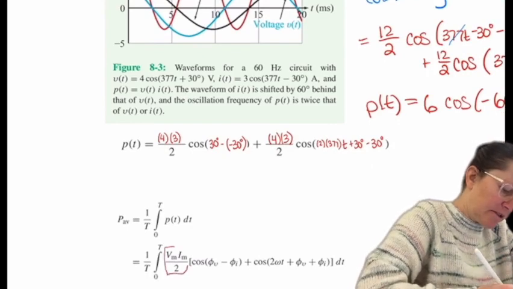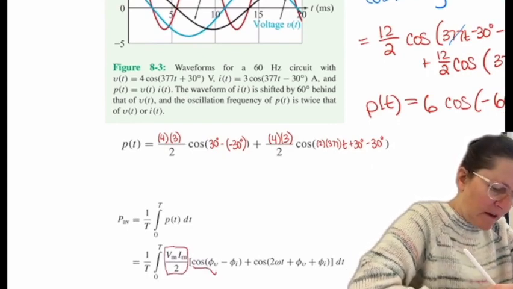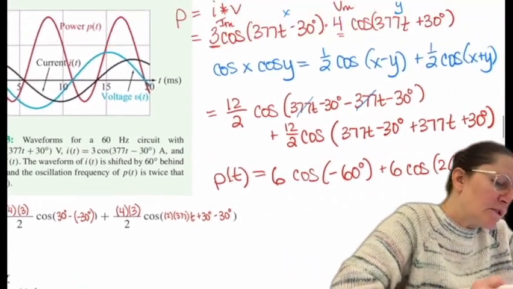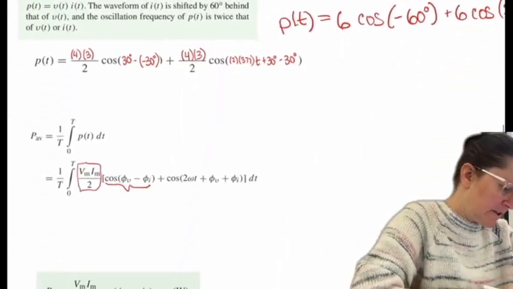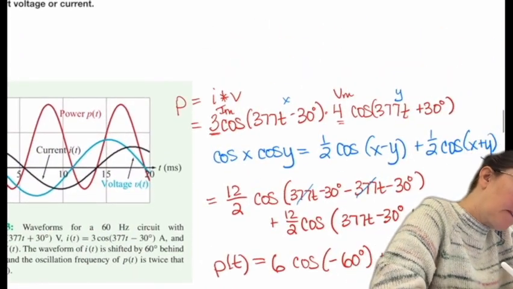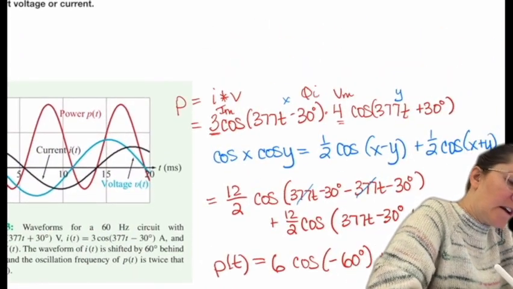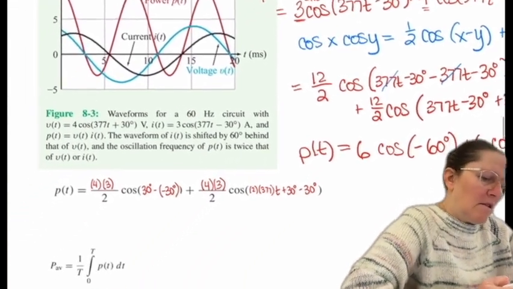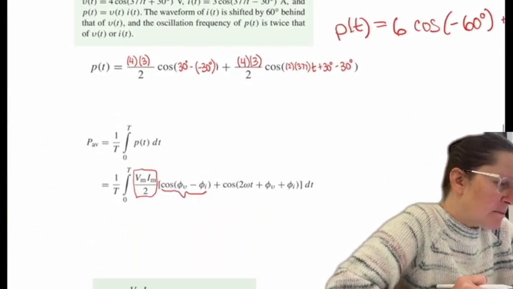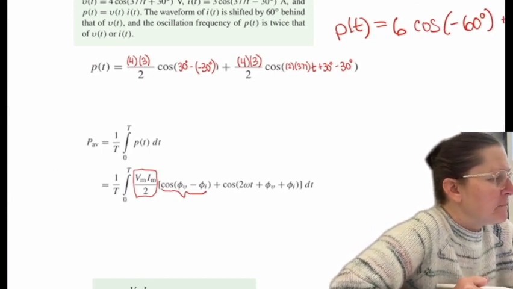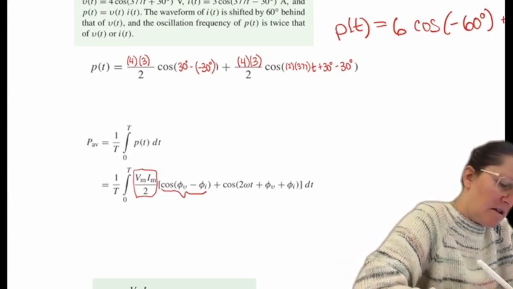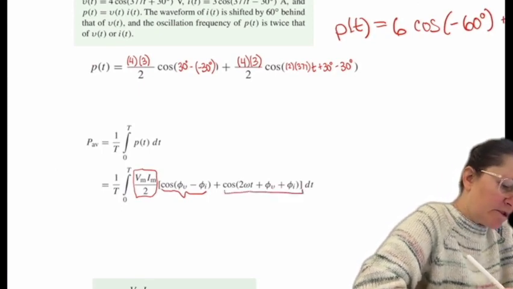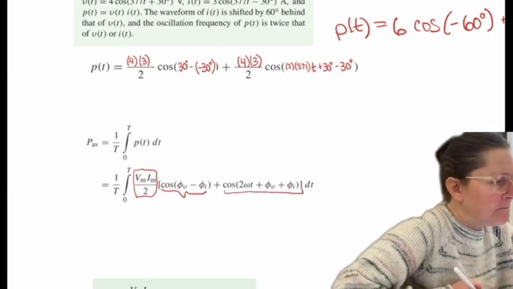So that was this portion here. This one was taking the 30, which was the angle here. Let's see, so theta I and theta V, and so theta V minus theta I. And then this portion was 2 times that omega t.